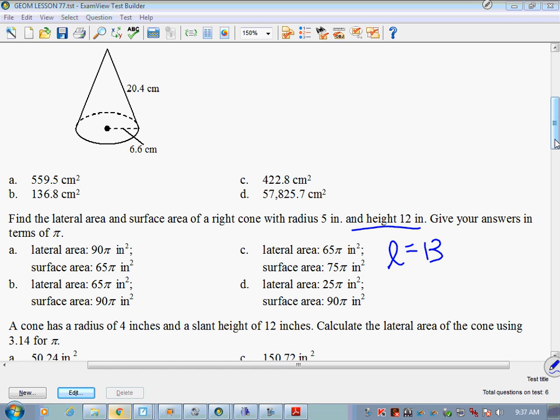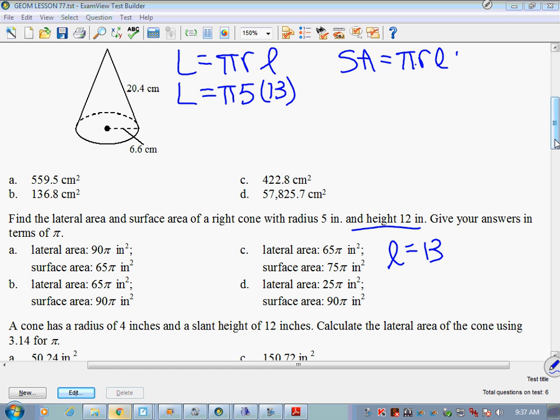All right, so lateral is pi r L. That's pi times 5 times 13, right? Surface area is pi r L plus pi r squared. What's 5 times 13? 65 pi inches squared.